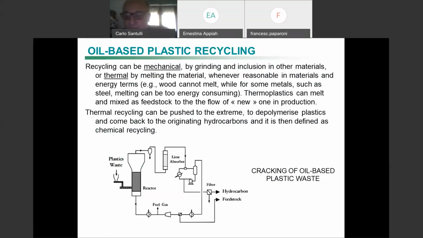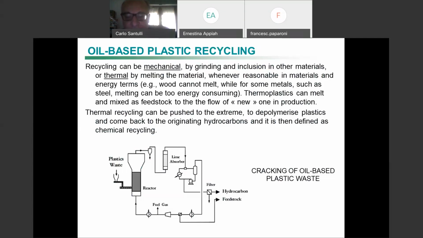Basically, you might have polyethylene, polypropylene. You might consider that you can absorb lime, or whatever ceramic. There is always a ceramic in a polymer. You absorb it, and you are going to use it in some other applications, and you get in the end hydrocarbons.